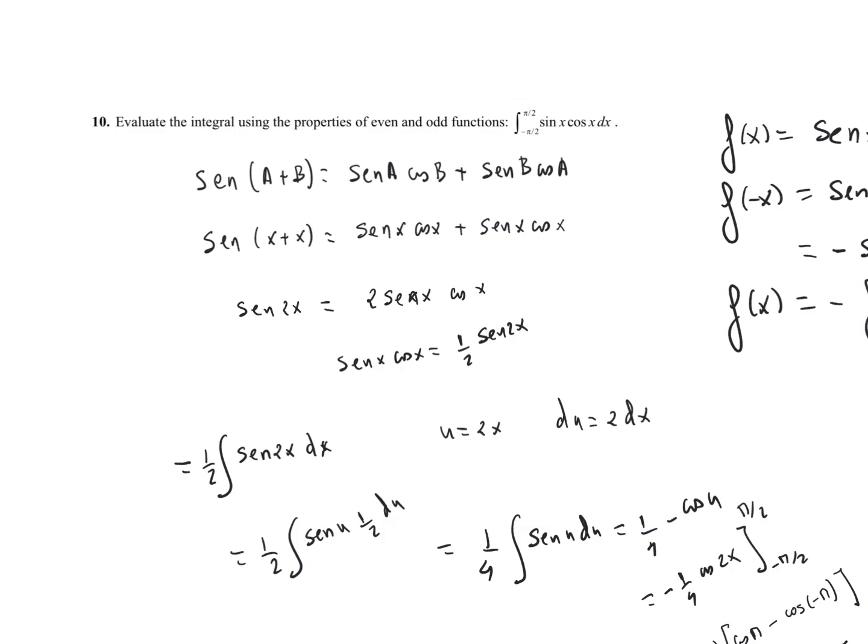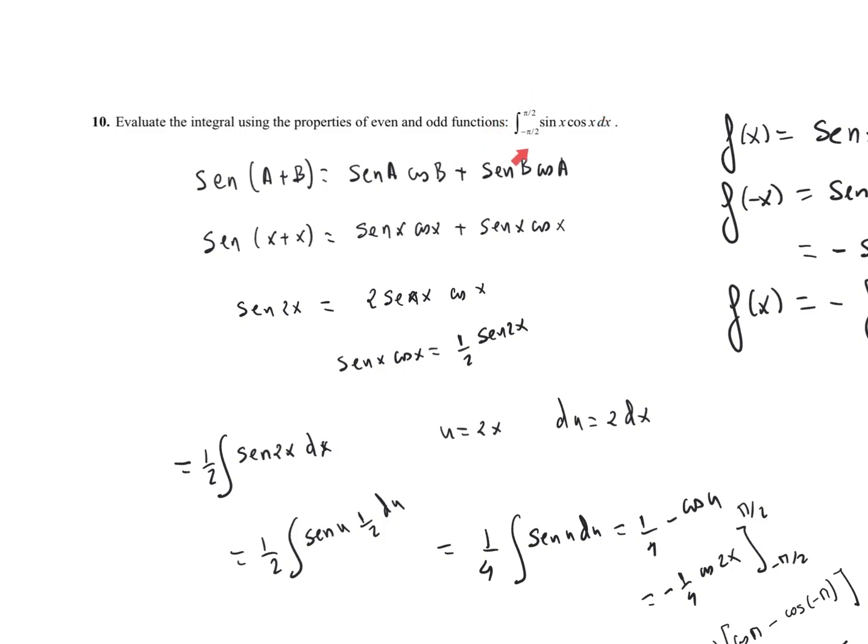So to do the integral, you use this expression. Sine of a plus b is sine of a cosine of b plus sine of b cosine of a. So sine of x plus x, where a is x and b is x, is 2 times sine of x cosine of x. So sine x cosine of x is 1/2 sine of 2x.